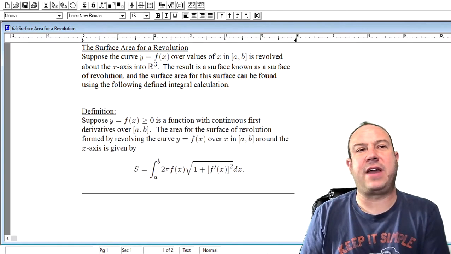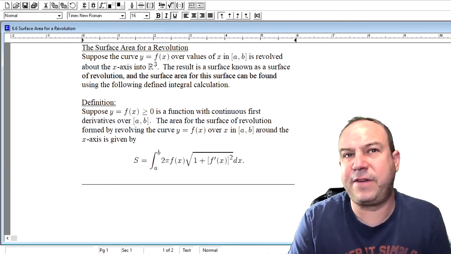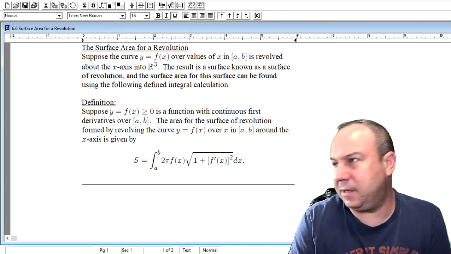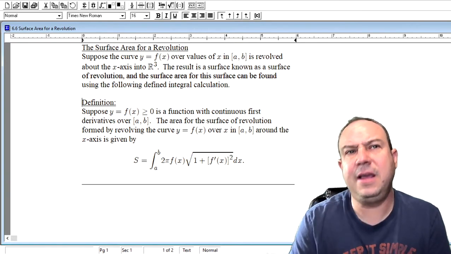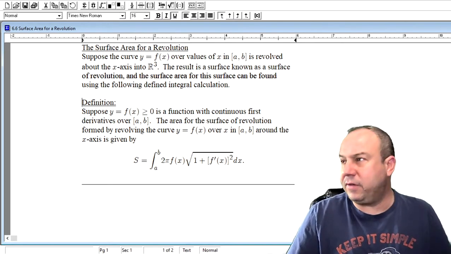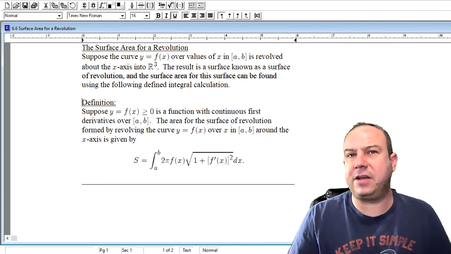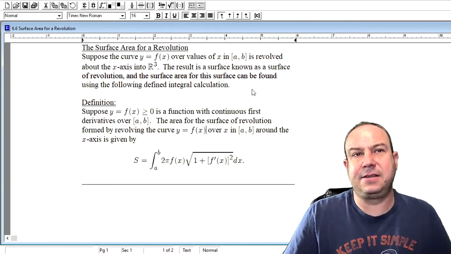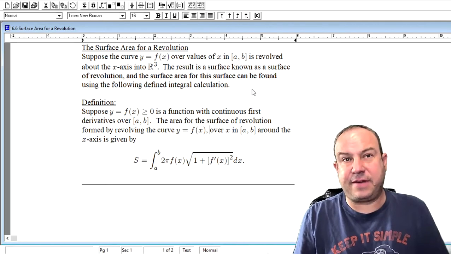Suppose y equals f of x is greater than 0, a function with continuous first derivatives over the closed interval from a to b. The area for the surface of revolution formed by revolving the curve y equals f of x over values of x in the interval from a to b around the x-axis is given by the following calculation.